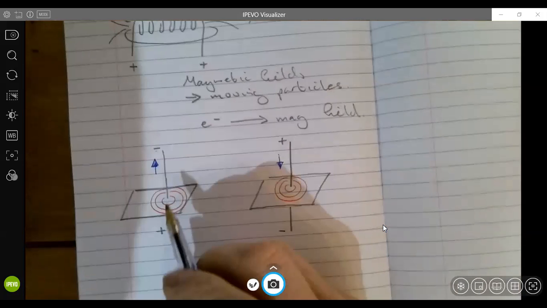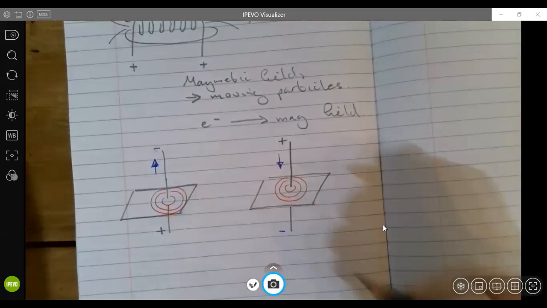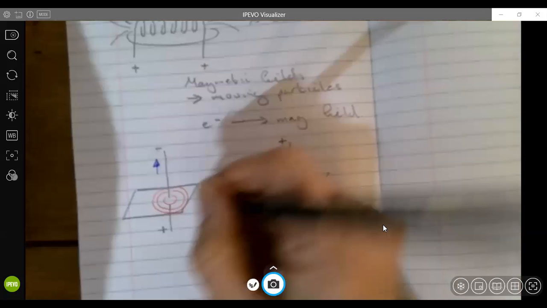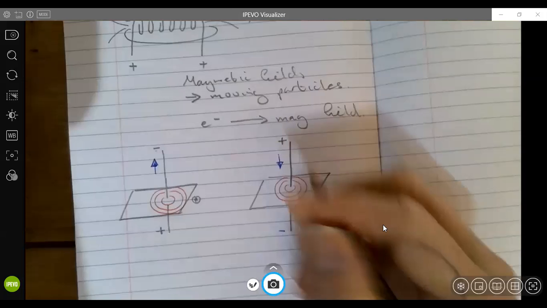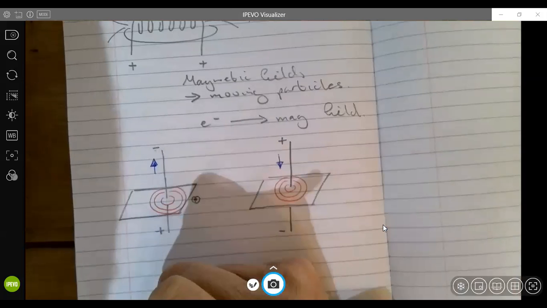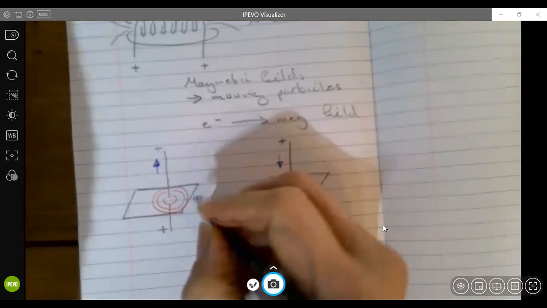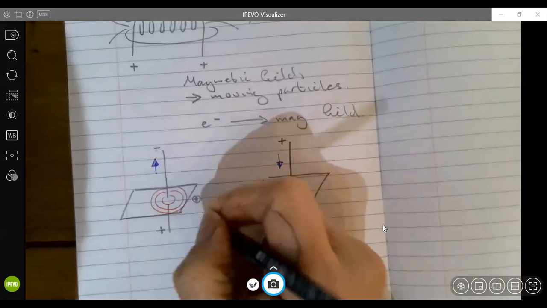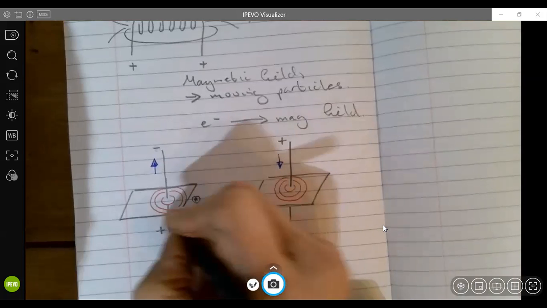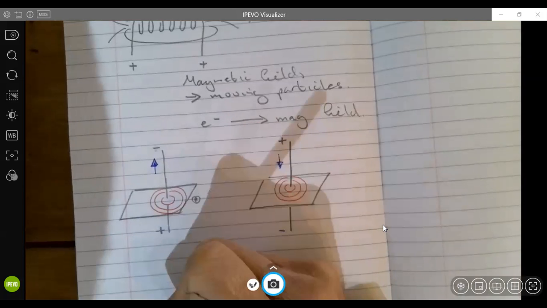Now, what Maxwell Clark did was he put some little plotting compasses around the wire. And what he found was that the magnetic field around the wire deflected the magnet in a direction.